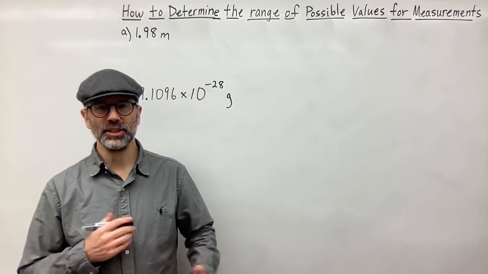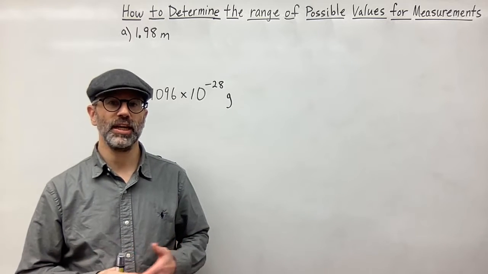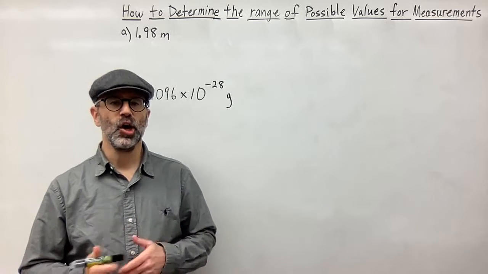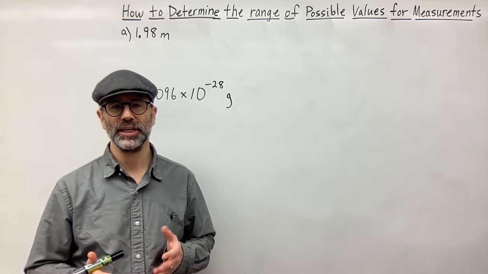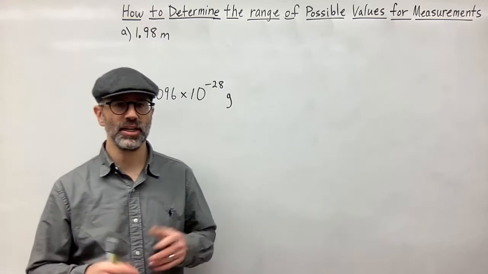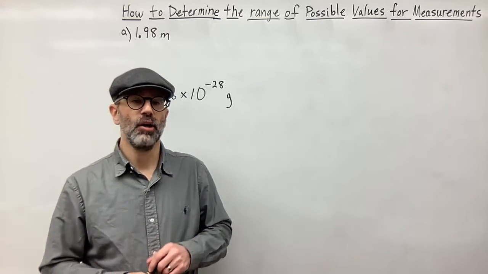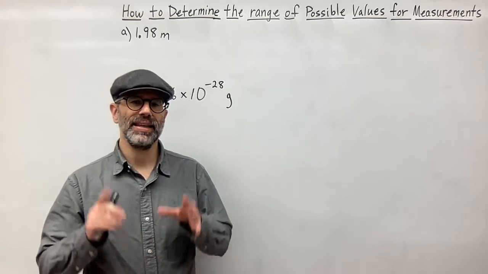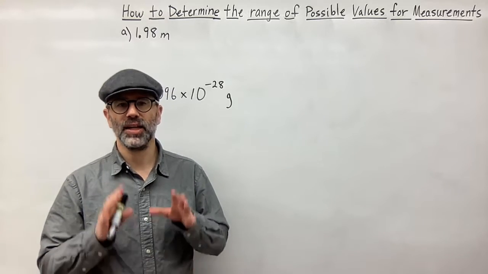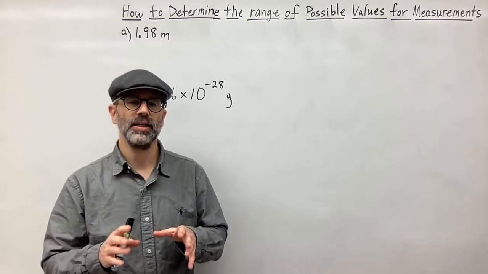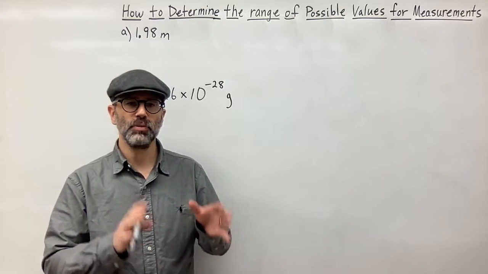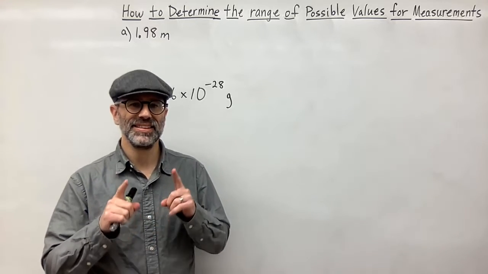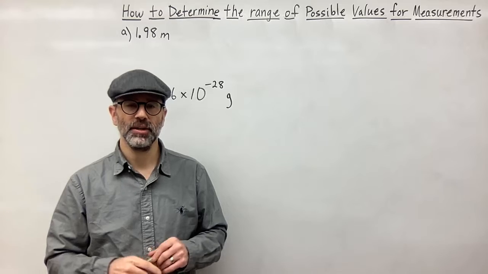So when they're asking you in a question to give the possible range, what they're really asking you is to determine the uncertainty of the measurement, right? The thing you got to remember, and this is key, is that unless you're told otherwise, the uncertainty of the measurement is assumed to be plus or minus one in the last digit of your measurement, right?